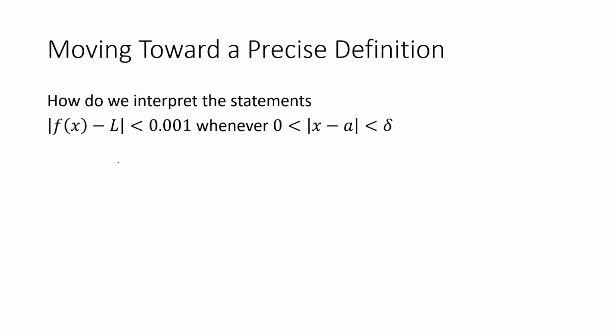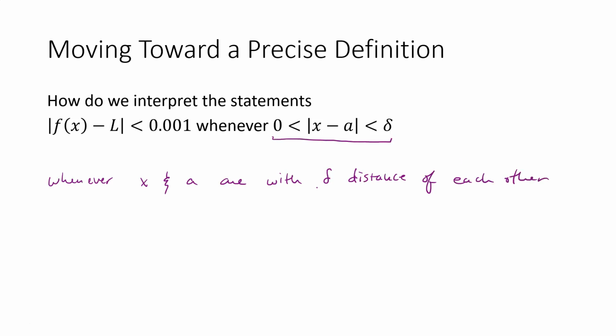What this statement is saying symbolically is that whenever x and a are within delta distance of each other, f of x and L are within a distance of 0.001 of each other.